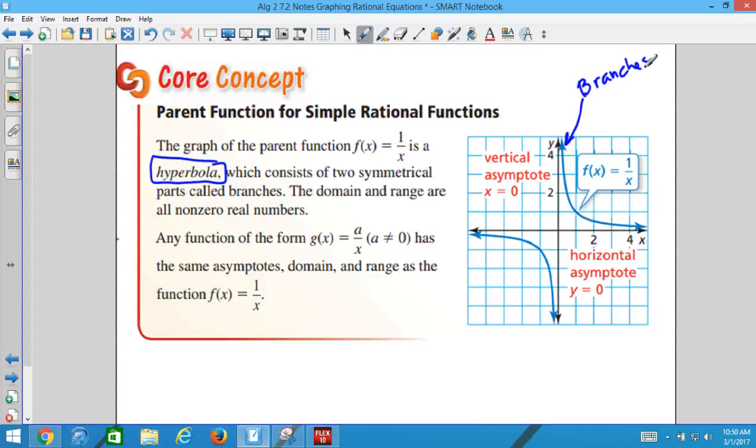And they are symmetrical, it could be over y equals x, or it could be over y equals negative x. It could be symmetrical over here, or it could be symmetrical over here. But then we're going to have transformations too.